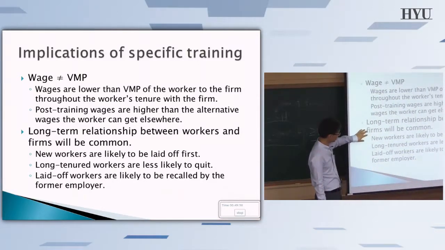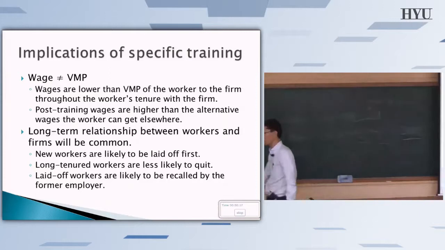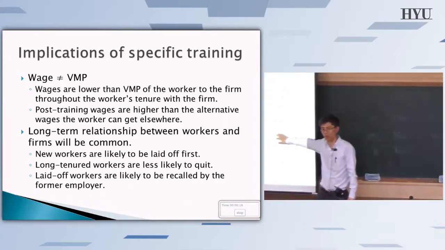An example of this long-term relationship can be seen in the rule that new workers are likely to be laid off first. Usually when a recession hits, the firms that have lots of specific human capital across their workers generally lay off the new workers, not the old workers. Why?